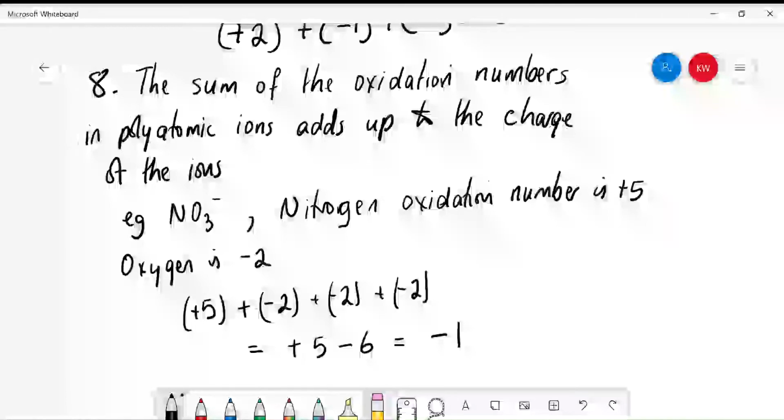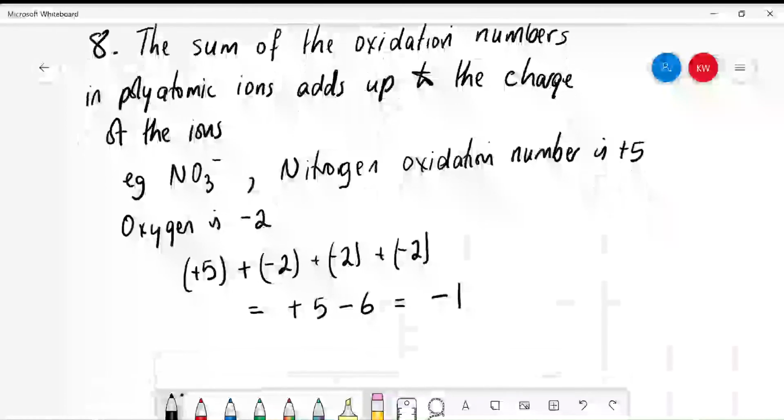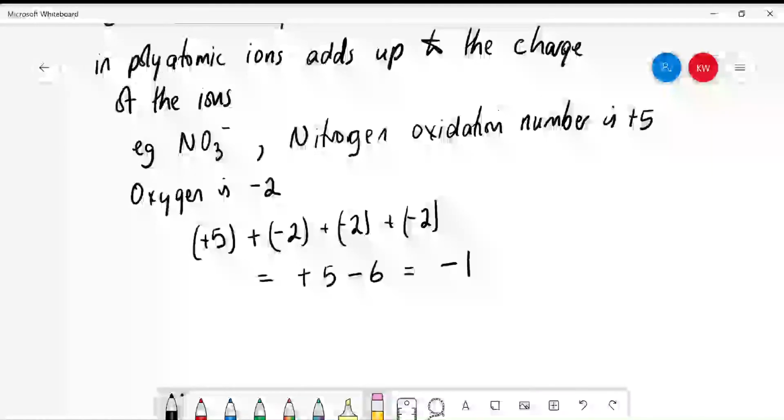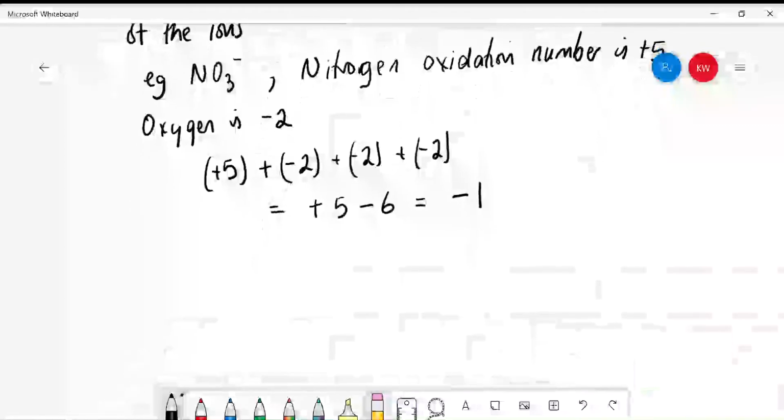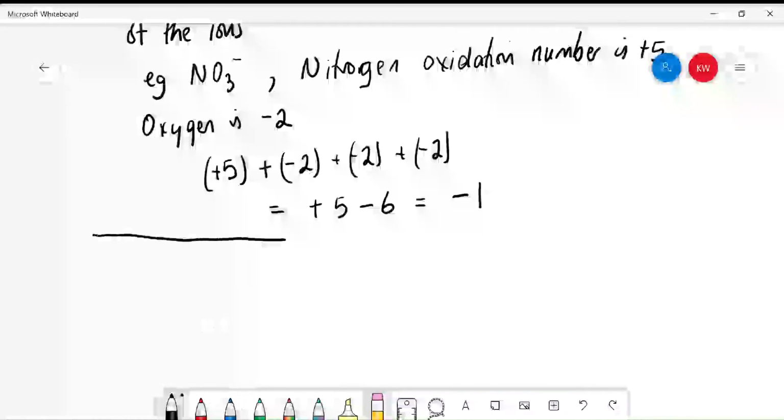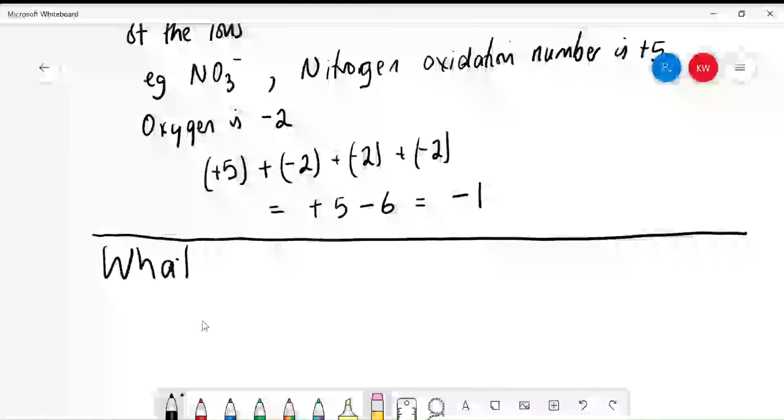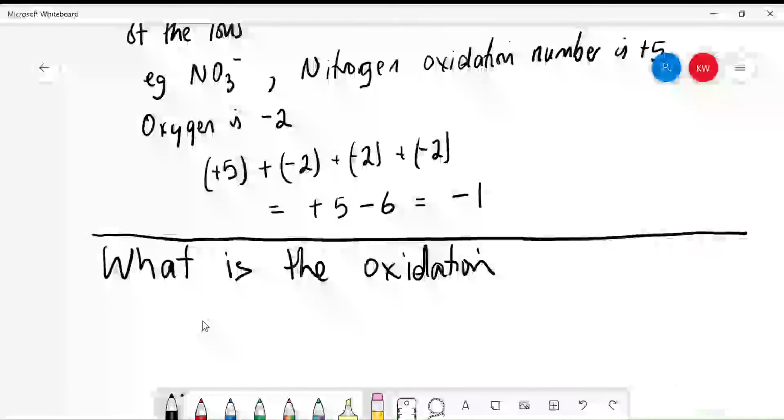So these are the rules we have to use in order to determine oxidation number. So we're going to try some examples. Let's look at the first one. What is the oxidation number of nitrogen?